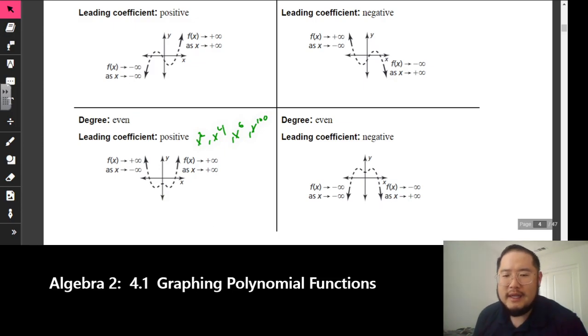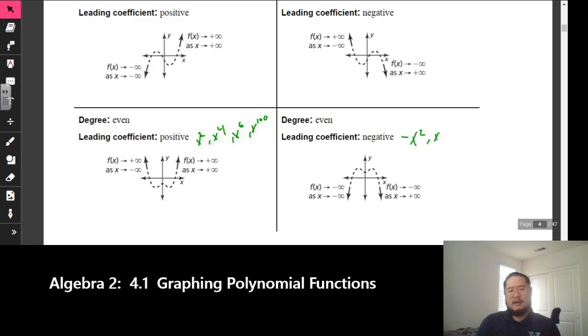Now, if the leading coefficient is negative and the degree is even, for example negative x squared, negative x to the fourth, negative x to the 100, both ends are going down. And so you need to be able to understand the relationship and write the end behaviors.